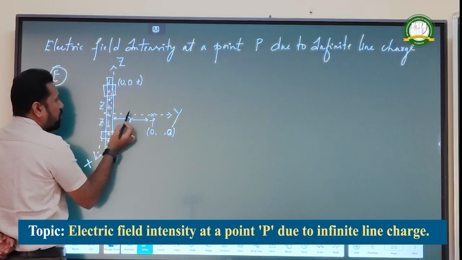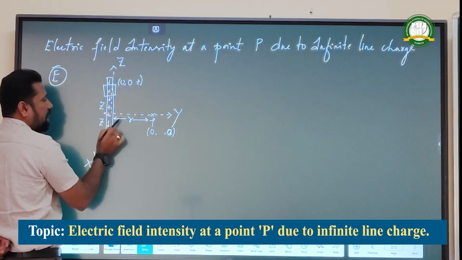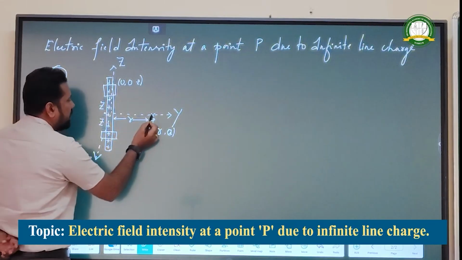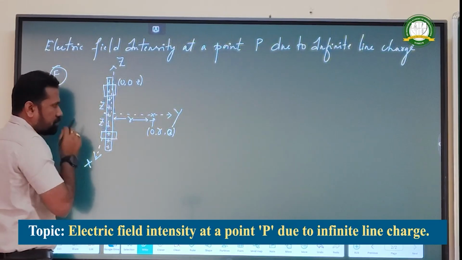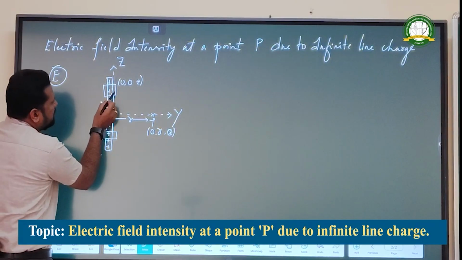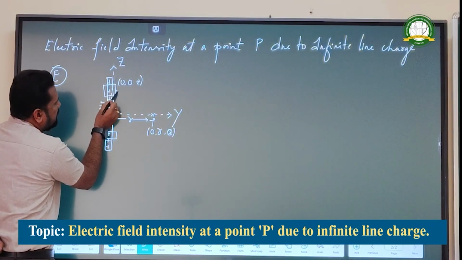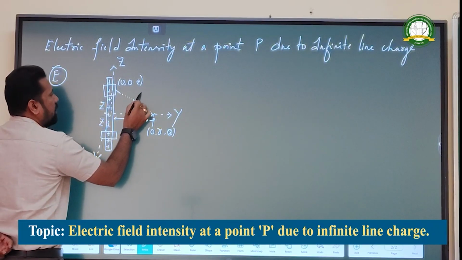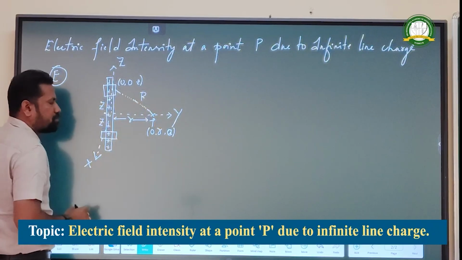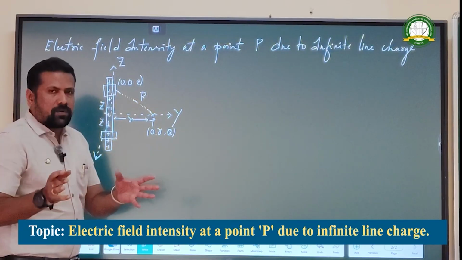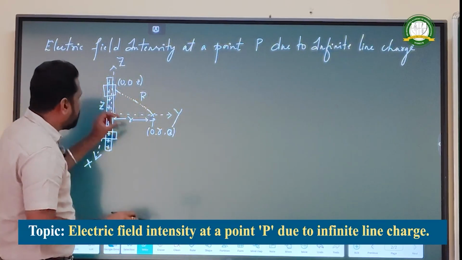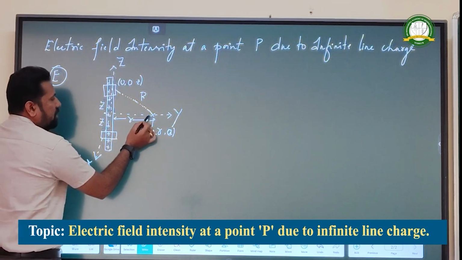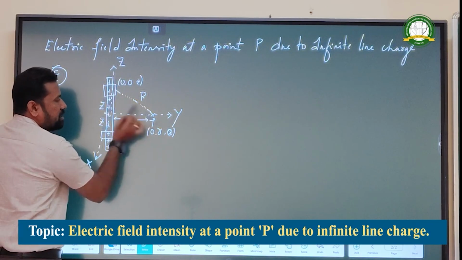Here the distance between the point P and the infinite line charge is r. So the y coordinate is the distance r, and then the distance between the differential segment to the point P, let us assume capital R. So as we know, the direction of electric field due to positive charge is away from the charge, and our point of interest is to find the electric field at this point.